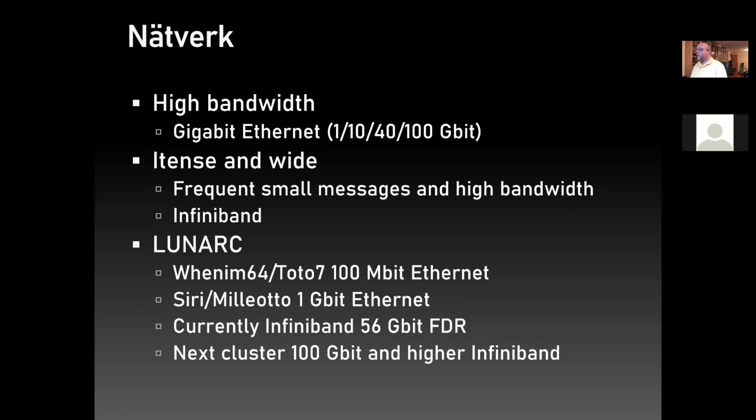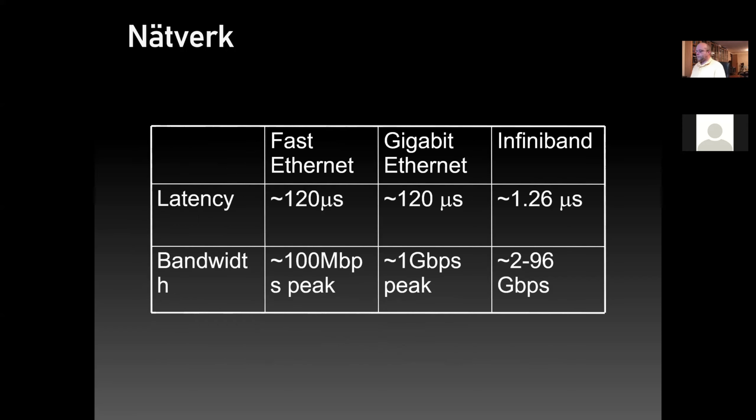The next cluster will probably have 100 gigabits and higher bandwidth between the compute servers. This is just the latency here. You can see that gigabit Ethernet has a latency up to 120 microseconds, and InfiniBand is 1.26. So it's an order of magnitude faster to initiate communications between servers.